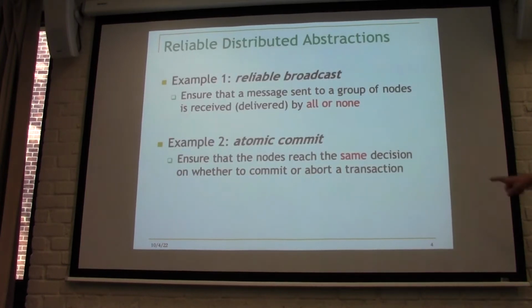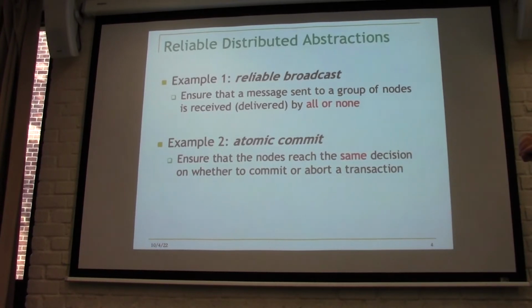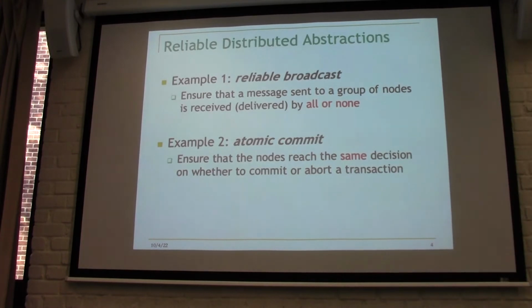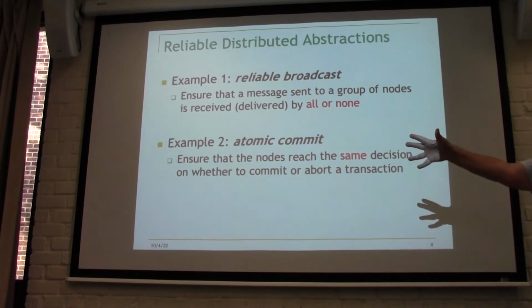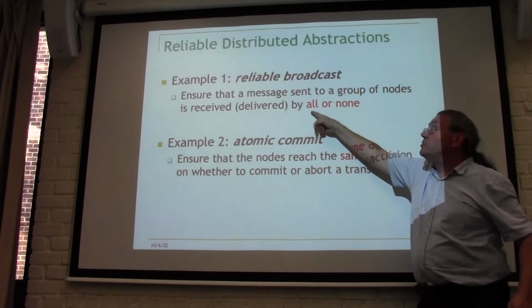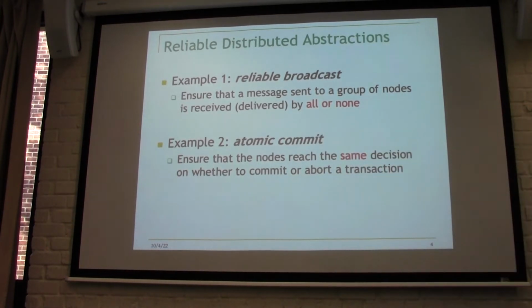And we saw already some examples. Reliable broadcast. This is a broadcast algorithm that works even when you can have failures. And when you broadcast a message, there's two possibilities. Either all nodes get it, or none get it. There's nothing in between.